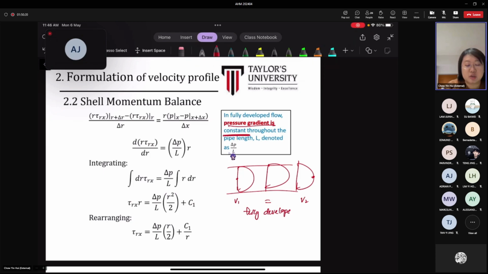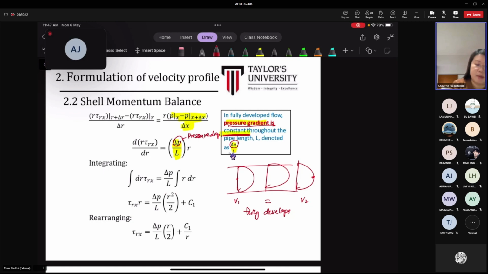So if the pressure gradient is constant, this expression here we can then rewrite as delta P over L, right? The delta P here we call the pressure drop over the length of the pipe, all right?